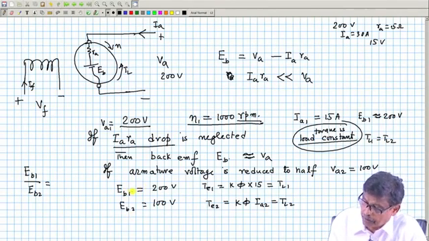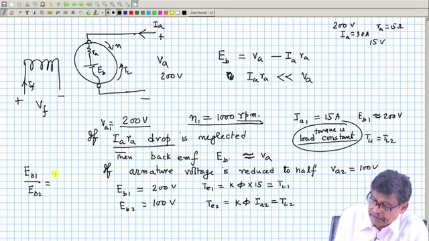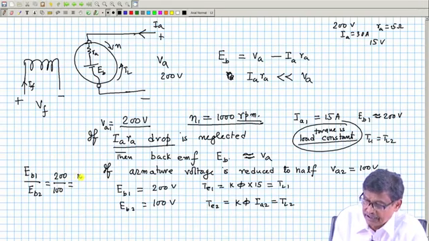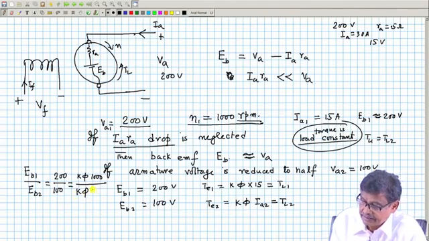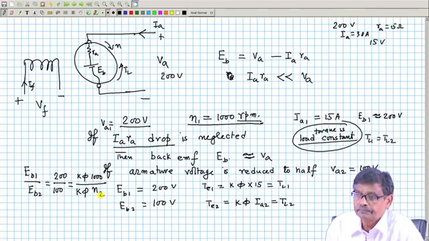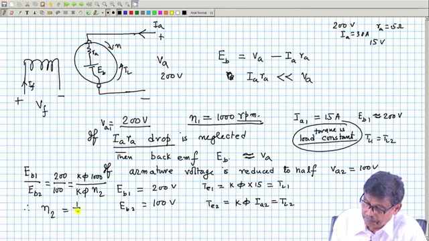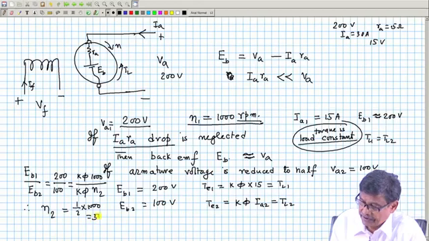So, EB1 by EB2 is 200 by 100, which I know is some K phi into initial speed, that is 1000, divided by K phi the new unknown speed N2. Therefore, N2, the new speed will be half of 1000, that is 500 RPM.